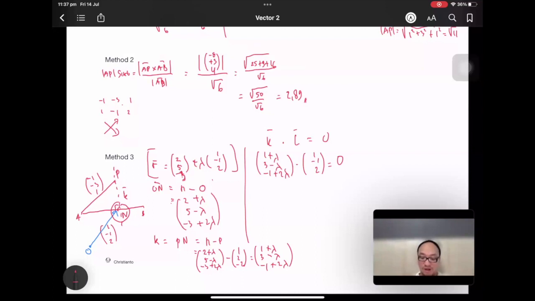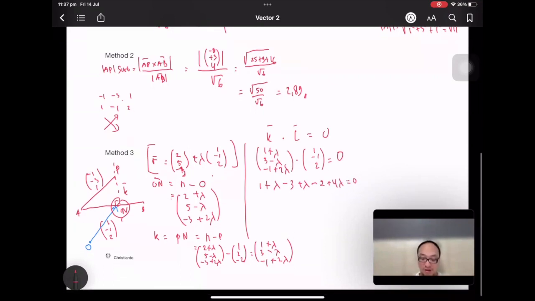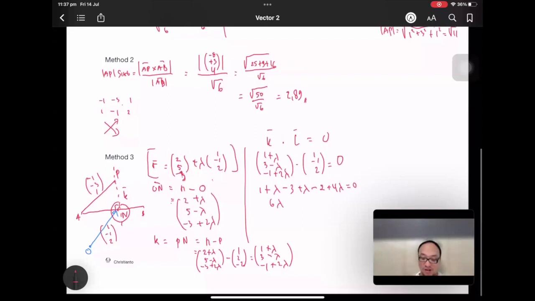And then we can calculate 1 plus lambda minus 3 plus lambda, minus 2 plus 4 lambda equals to 0. And then we simplify, equals to 6 lambda minus 4 equals to 0. So lambda equals to 2 over 3.